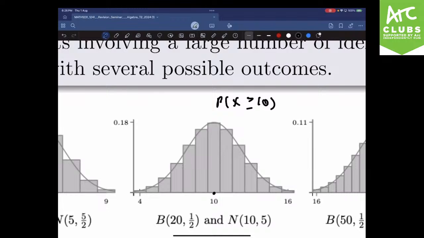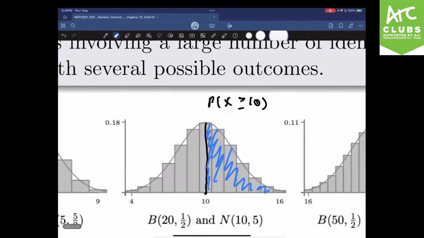The probability of x being larger than or equal to 10 separates the 10 like this, and it actually gives me the probability of everything from here onwards. But what I actually want is to include the entirety of 10, like this, and everything onwards.